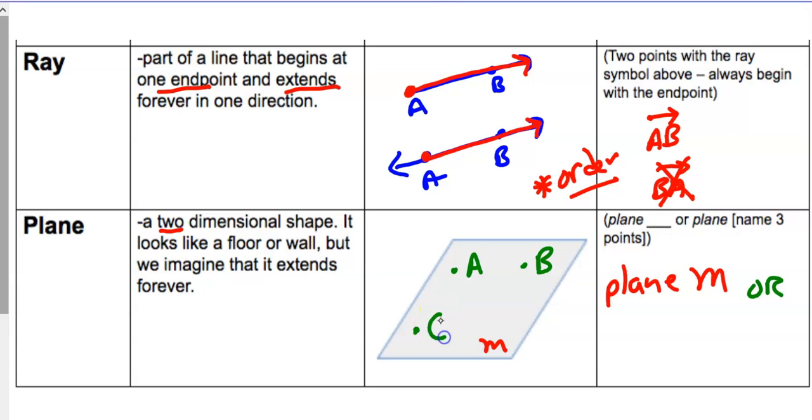So I'm randomly putting three points on there so that I could say plane ABC. These are used interchangeably as well. There's not one preference over the other. But this is how you name all these types of geometric figures, and this is going to be really important as we continue through geometry. We will use this all year.